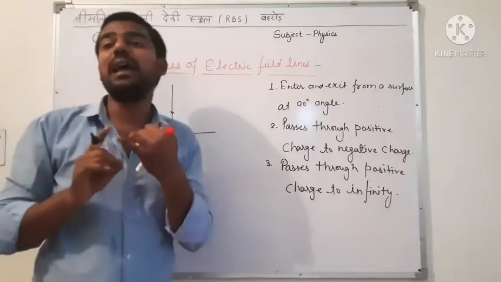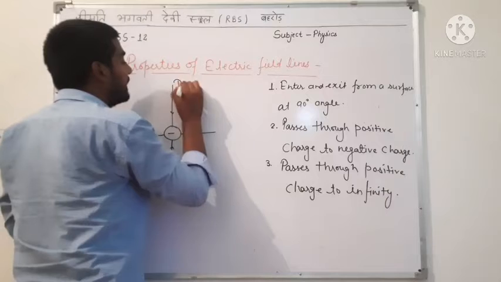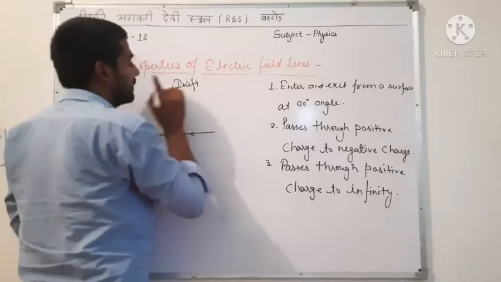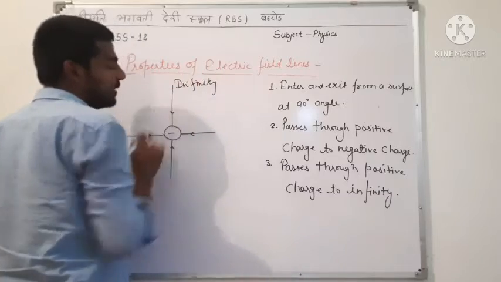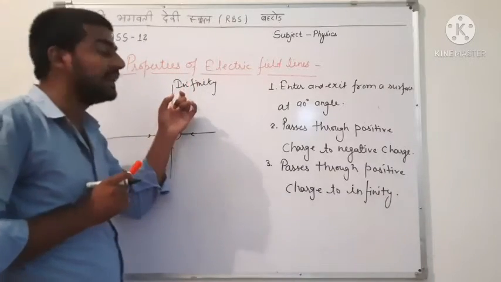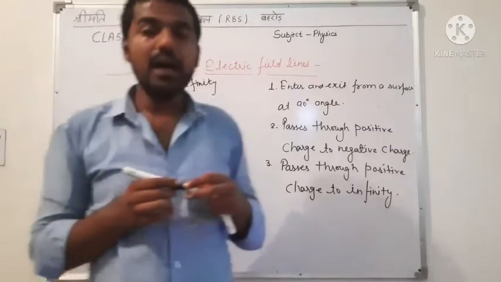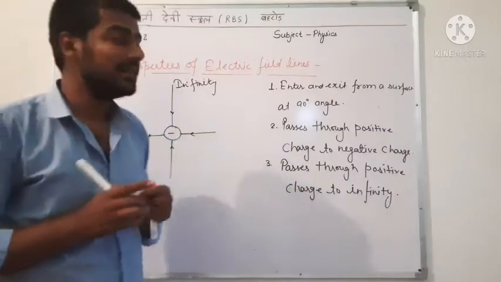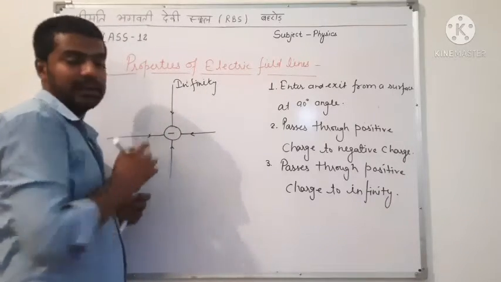Then we assume that the positive charge is at infinity. Then we say that the electric field lines pass from infinity to negative charge.